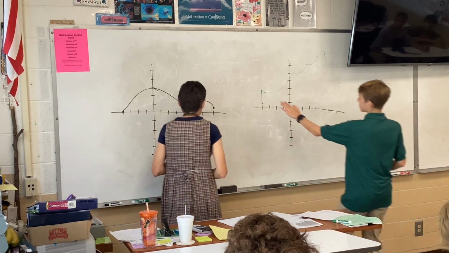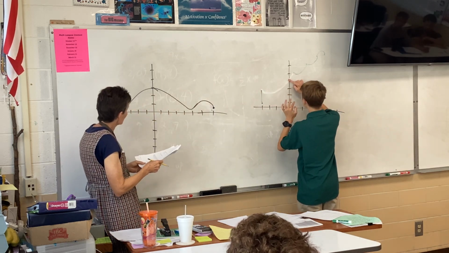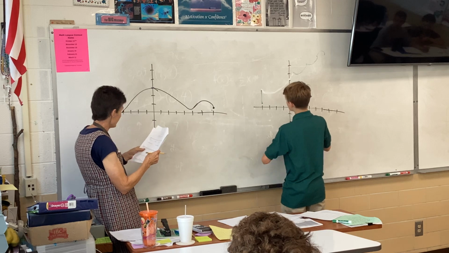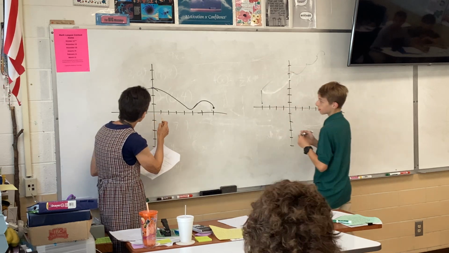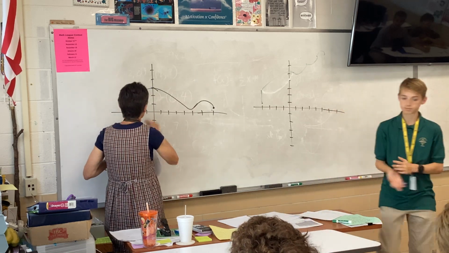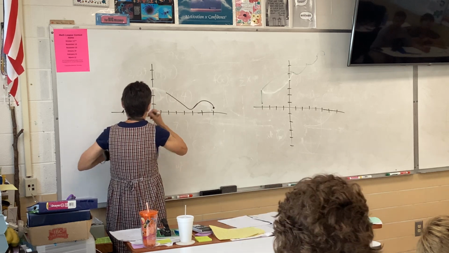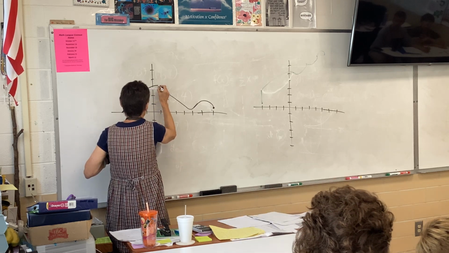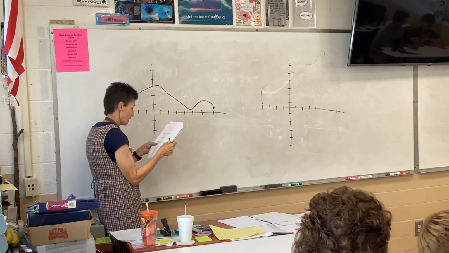Okay. All right, let's look at the black one here first. What do you think about this? Is it increasing from -4 to 1? We need to be careful with that. Okay, now it's going up. All right.